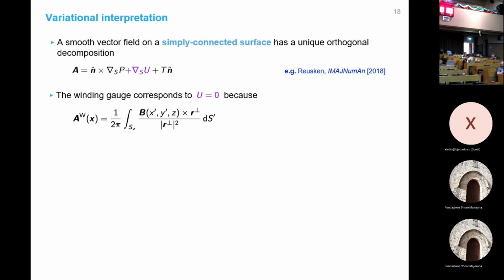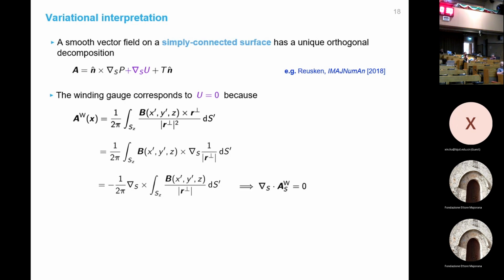So why is that? Well, it's analogous to the Coulomb gauge. You can rewrite it as the curl, this time a surface curl, as it were. So it has the property that the surface divergence vanishes. So the Coulomb gauge had the 3D divergence vanish, and the winding gauge has the surface divergence vanish.